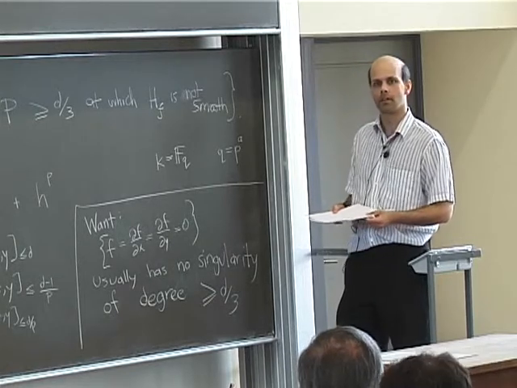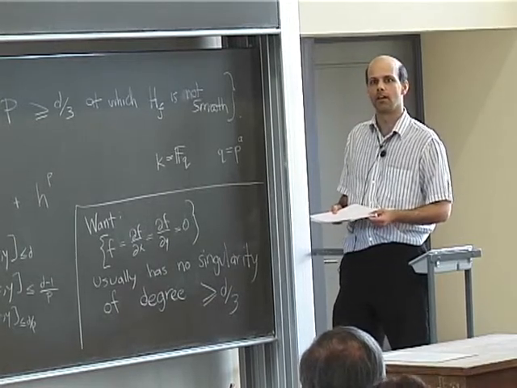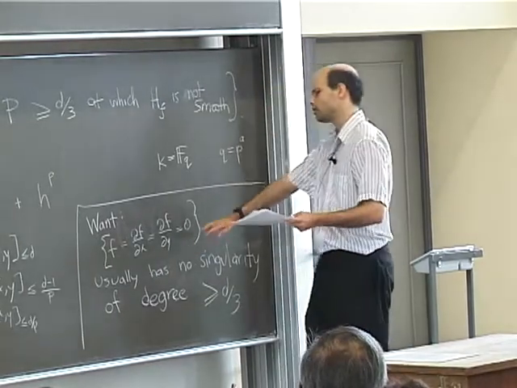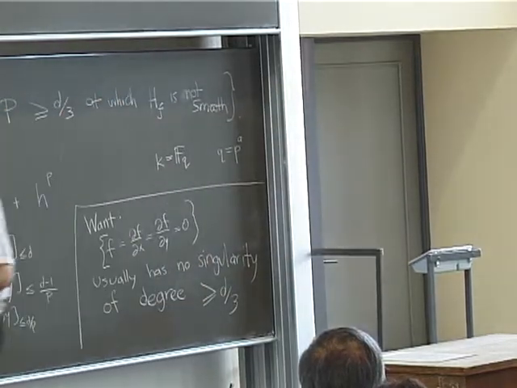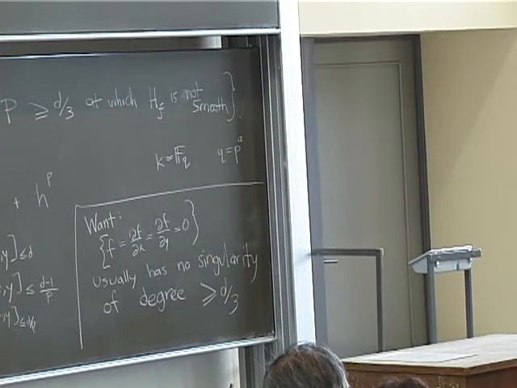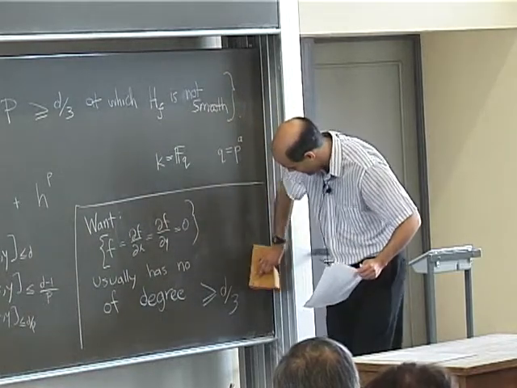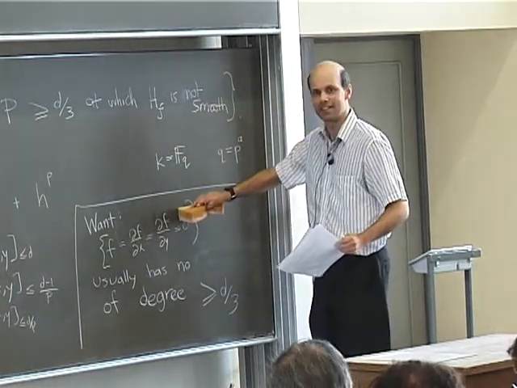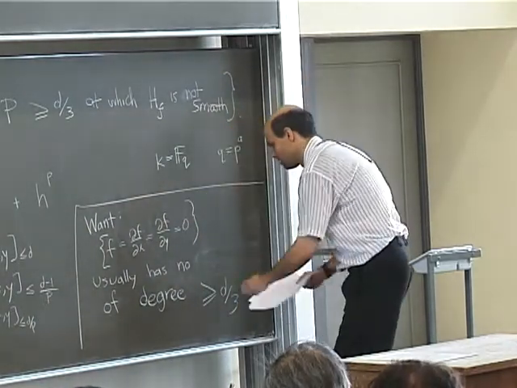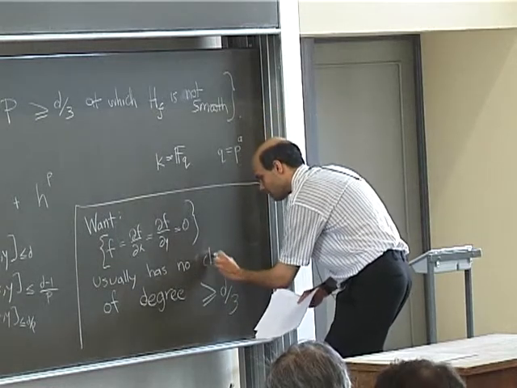Oh, sorry, yeah, I see what you're saying. That's not what I wanted to say. This set is the set of singularities, so I want to say this has no closed point of high degree.